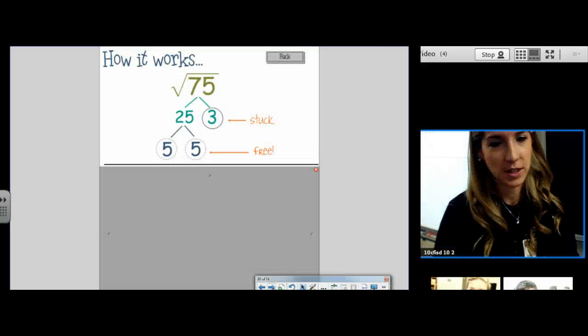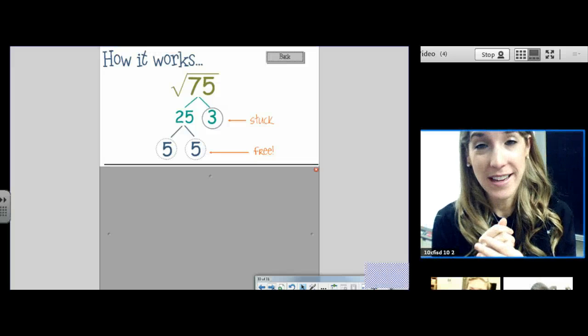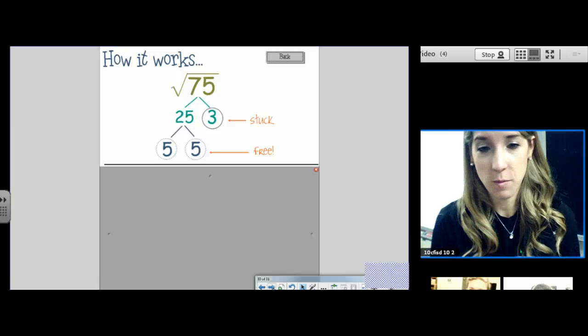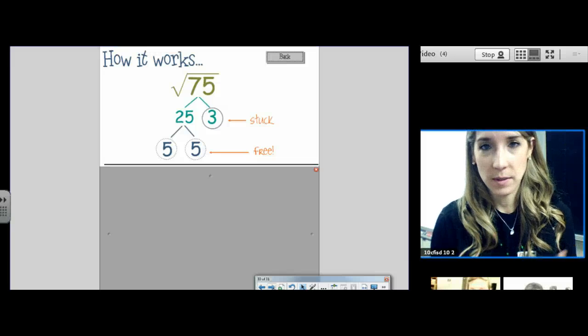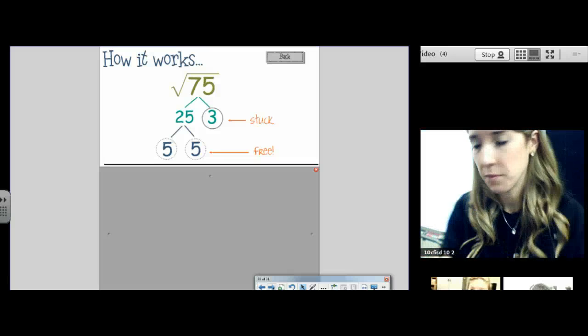Okay, so here's how it works. You take the number, and you think of 2 things that multiply to get that number. There are multiple ways to do this. For this one, I went with 25 and 3. Okay? 25 is 5 times 5. So, if you look at all the prime numbers, we've got 5, 5, and 3.